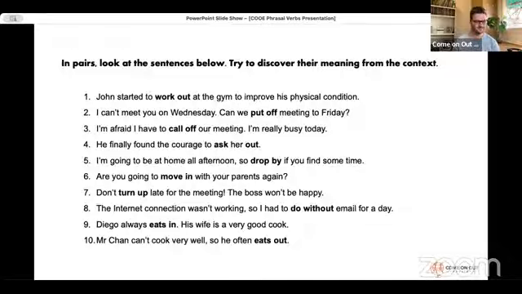So if we look at number 1, John started to work out at the gym to improve his physical condition. So work out, what do you think is the meaning of work out? Write down your answer and tell me.